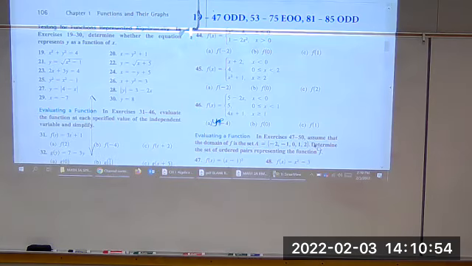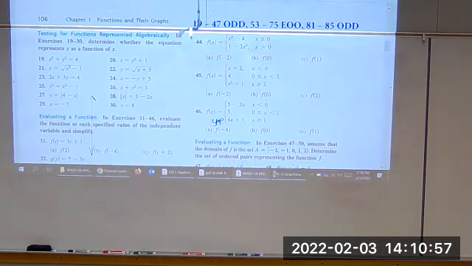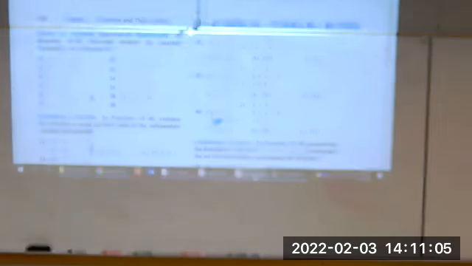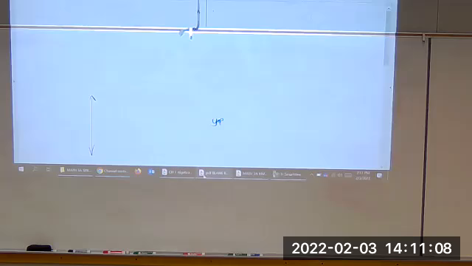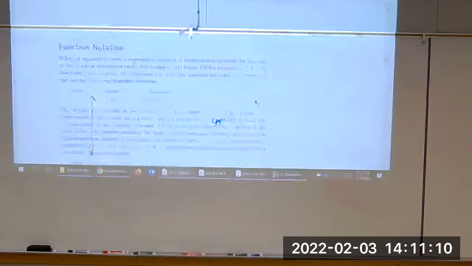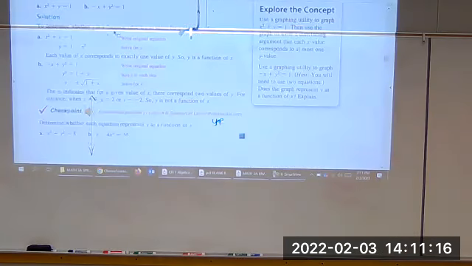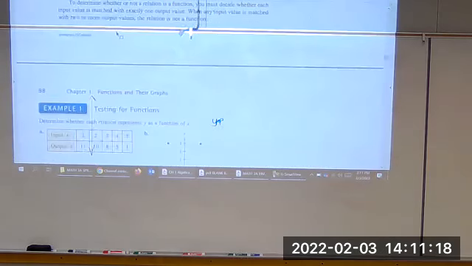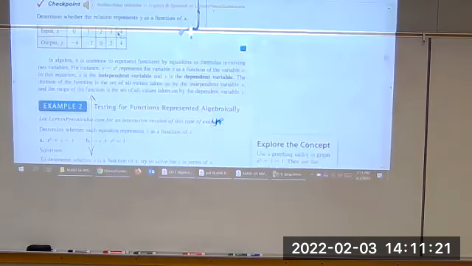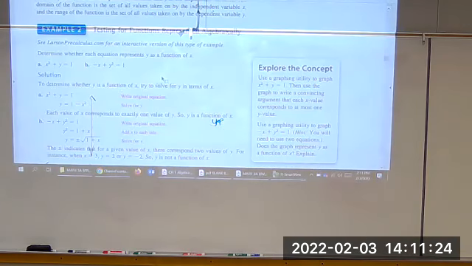If you want to reference this in the textbook itself, so you can see where we're pulling this information from, this is example 2 from page 98, basically where we left off last Thursday. Testing for functions represented algebraically: determine whether the equation represents y as a function of x.